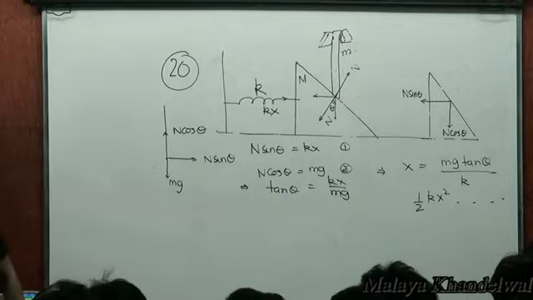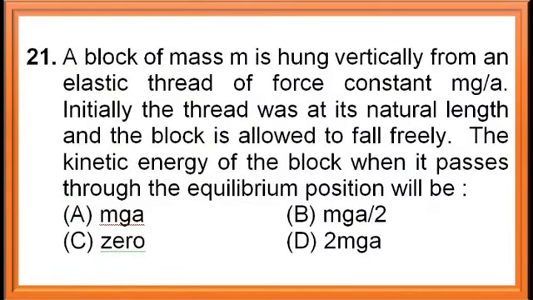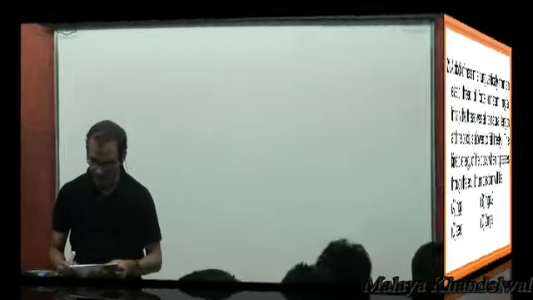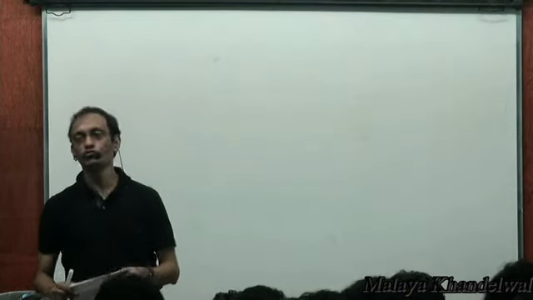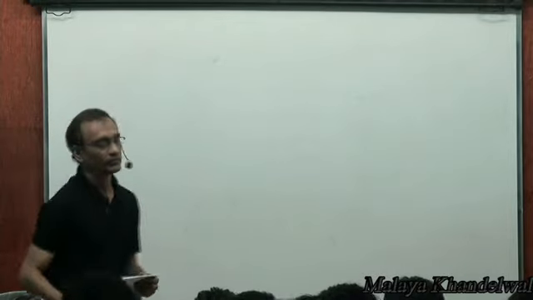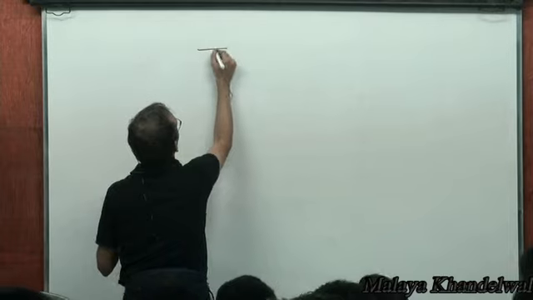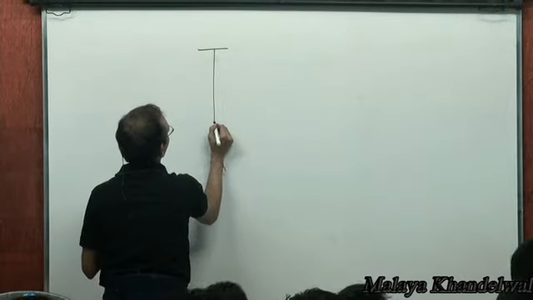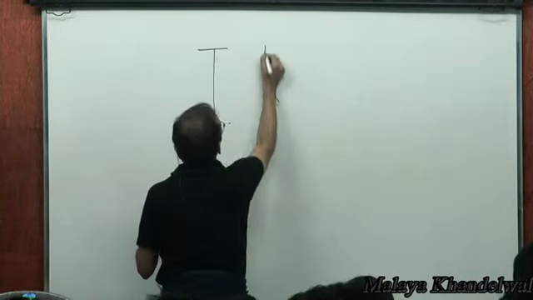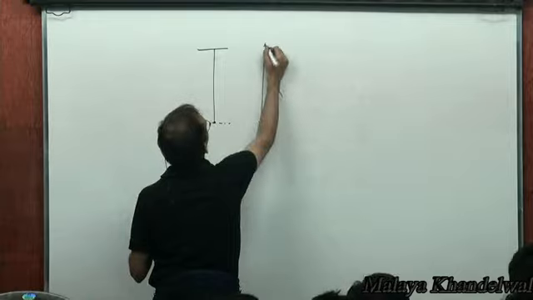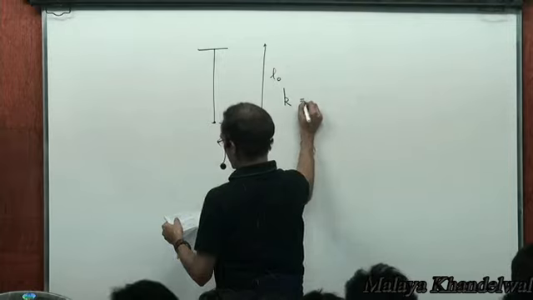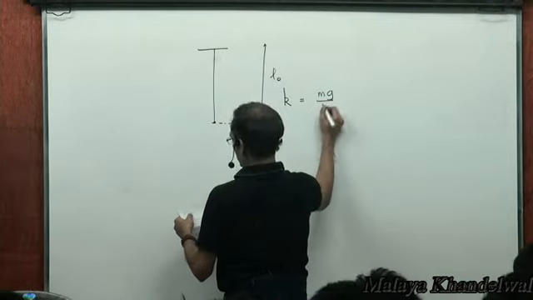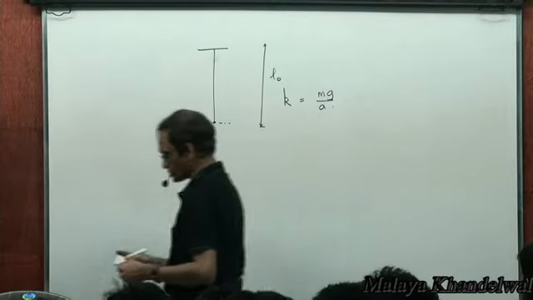Let's move to 21, right? A block of mass m is hung vertically from an elastic thread of force constant mg by a. So this is an elastic thread, and say this is the natural length of the thread, L naught, and it has a force constant k given by mg by a.